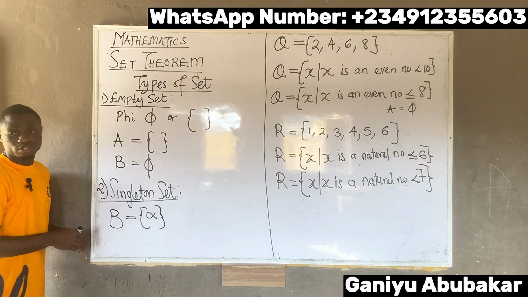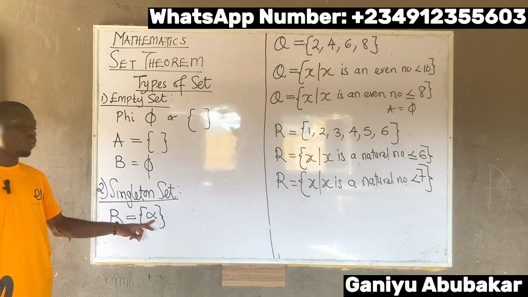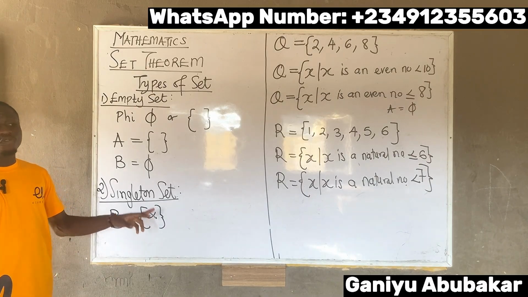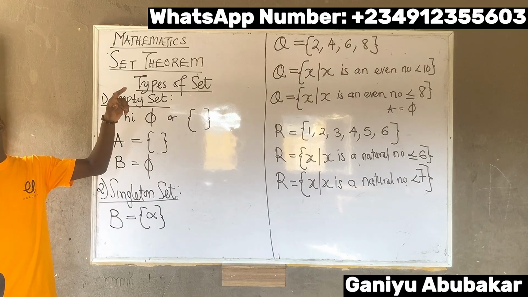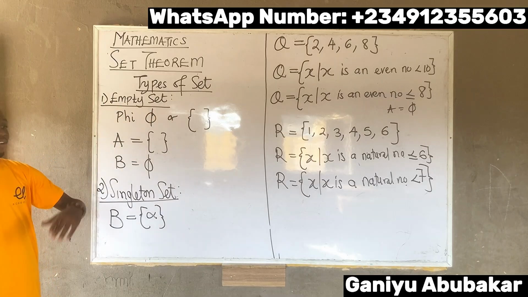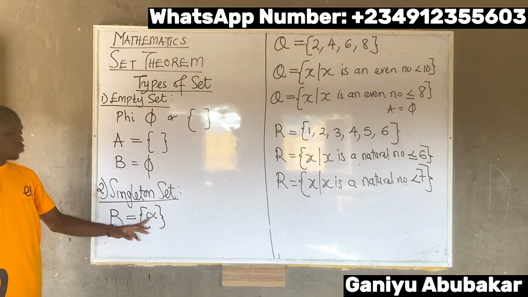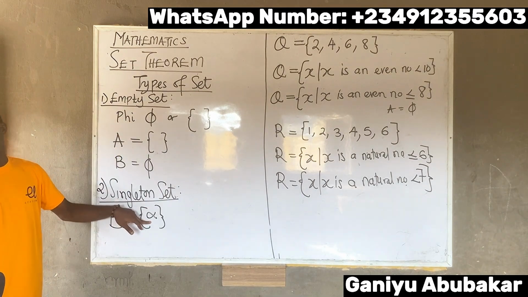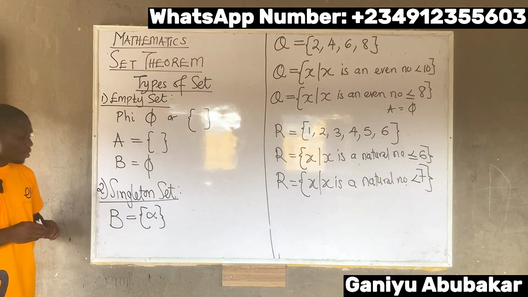One member. So set B can be called a singleton set. This is a Greek symbol called alpha. If we go back to your previous SS1 where you did alpha, beta, and gamma, that's like a Greek symbol. The element here is just one, and it's called a singleton set.